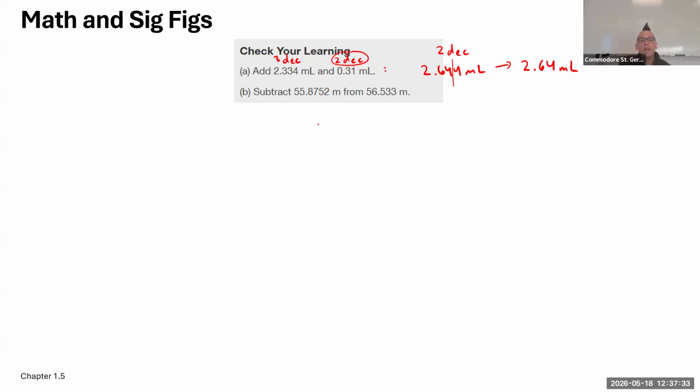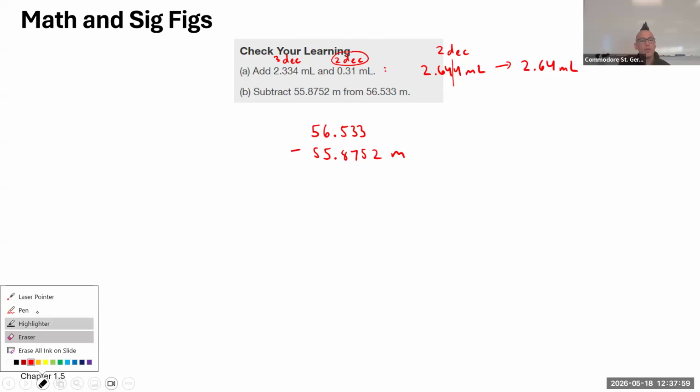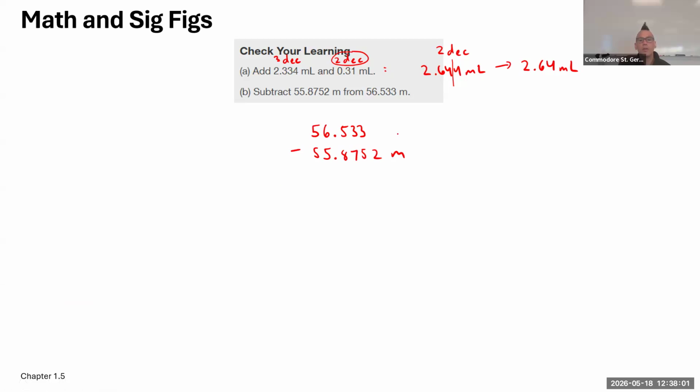All right. So it says subtract this number from that number. I like doing subtraction and addition this way, but you can kind of do it how you want. I'll show both ways. And it says subtract 5.8752 meters. And I'll move that M away a little bit just so it doesn't get in the way when we're looking at stuff.